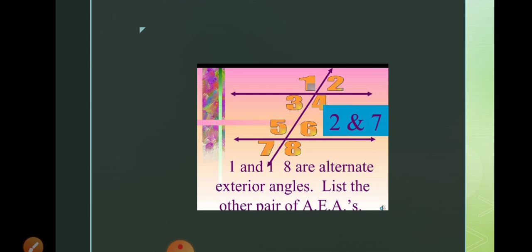Angle 2 is on the right side of the transversal and 7 is on the left side, but both are exterior angles, and because they are on opposite sides, they are alternate exterior angles. Like that, angle 1 and angle 8 are also alternate exterior angles. Both are outside the parallel lines and on either side of the transversal.